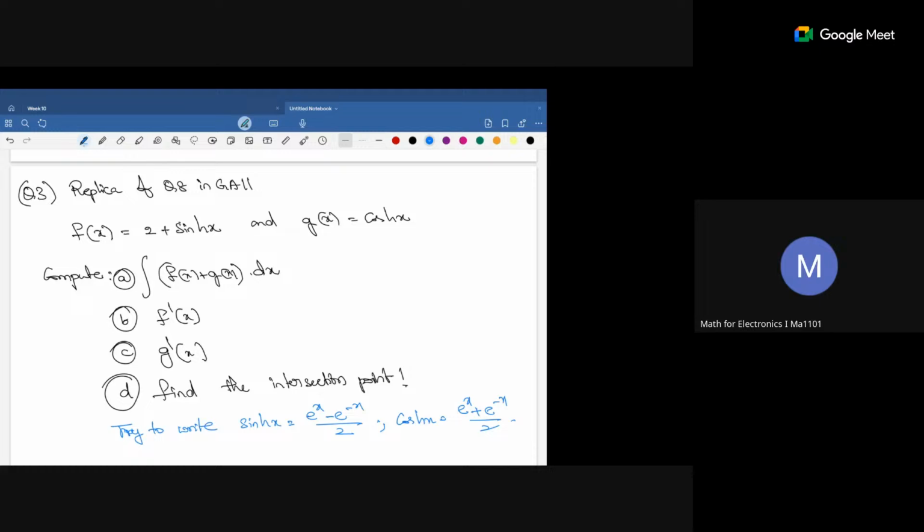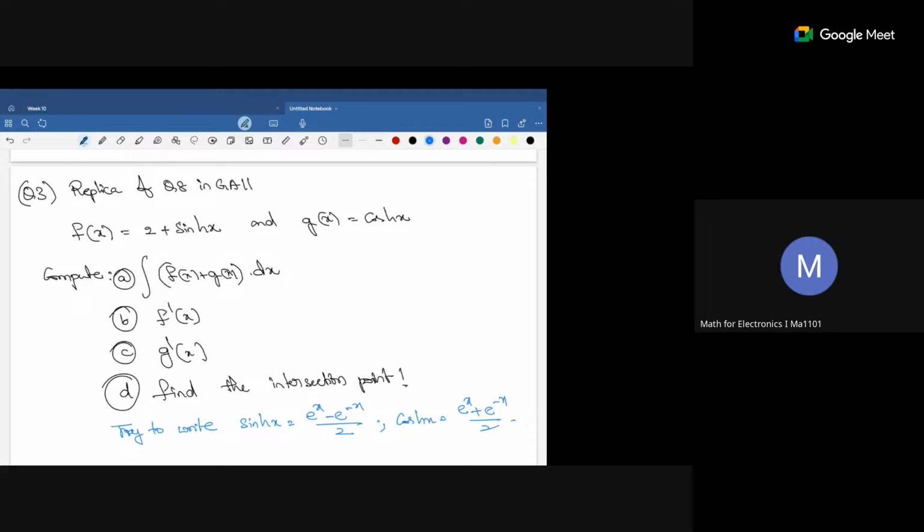Instead of thinking of them as sine hyperbolic x and cos hyperbolic x, they are just this, right? So try substituting them, and then you just have to use the idea of intersection point. Now you can get it, I guess.